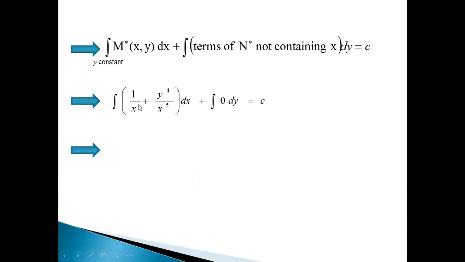So the integration of 1 upon x with respect to dx is log x. Now the integration of 1 upon x raised to 5 is minus 1 upon 4 x raised to 4, and this is equal to c. This is the solution for case 1 of non-exact differential equation.